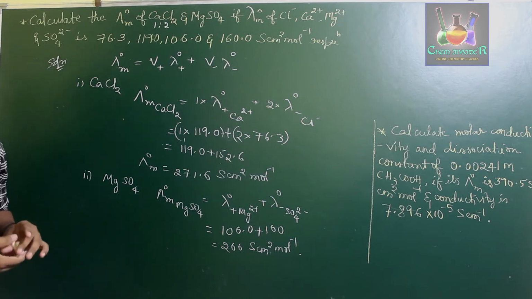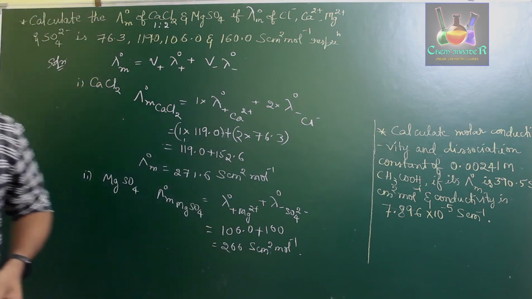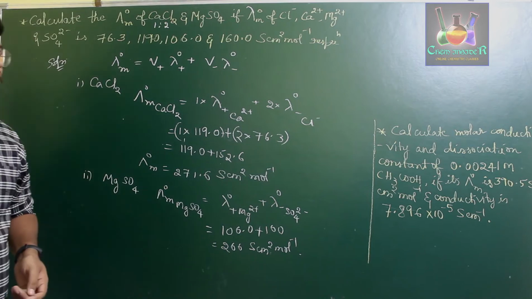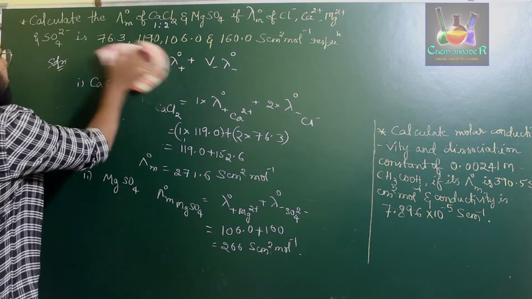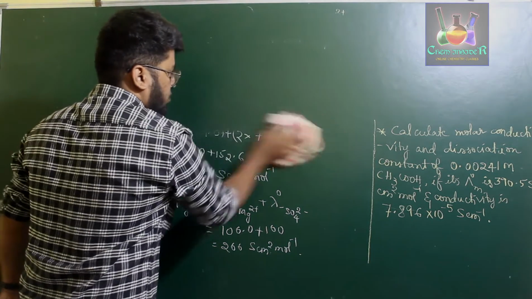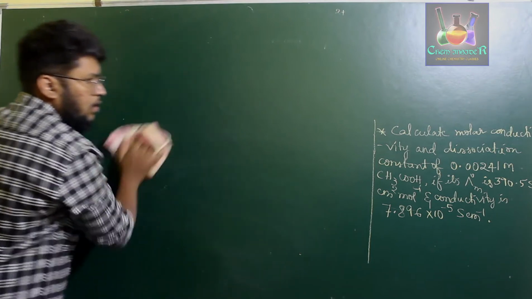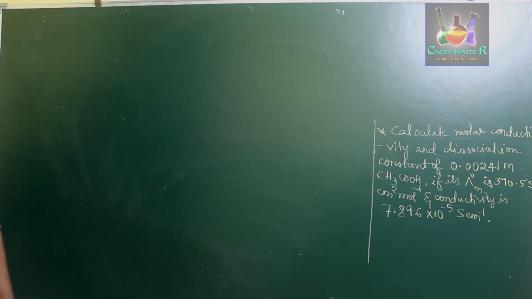Next, we'll solve the second type of problem, which is written on the right hand side of the board. It says to calculate the molar conductivity and dissociation constant of an electrolyte, acetic acid. We know that acetic acid is a weak electrolyte.